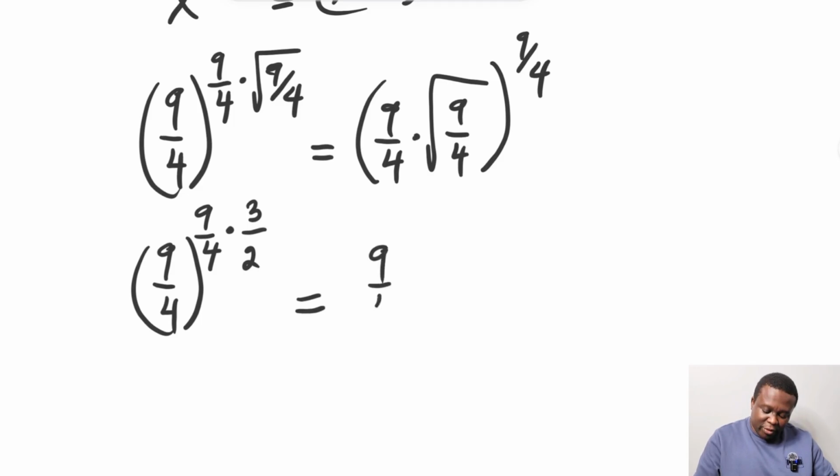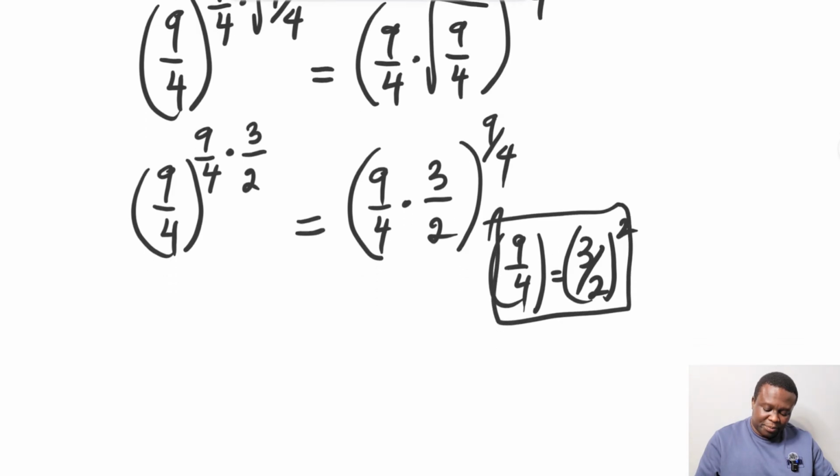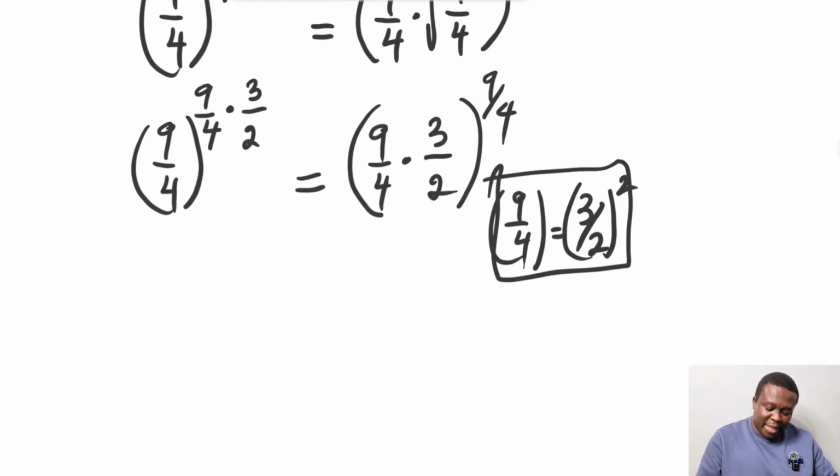We have 9/4 times square root of 9 is 3, square root of 4 is 2, 9/4. Now we know that we can rewrite 9/4 to become 3/2 squared, which is what we had before. So let's rewrite 9/4 to 3/2 squared. So now we have 3/2.